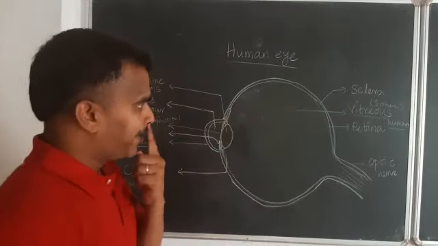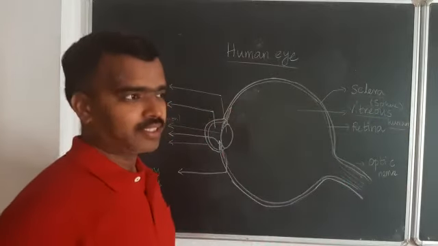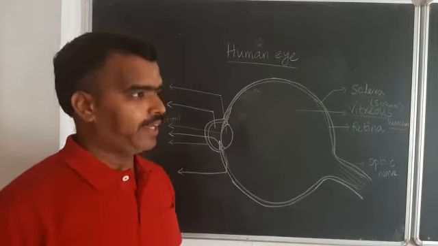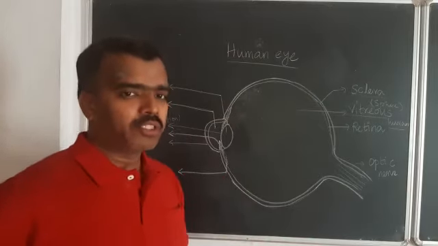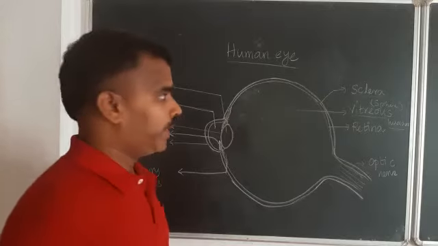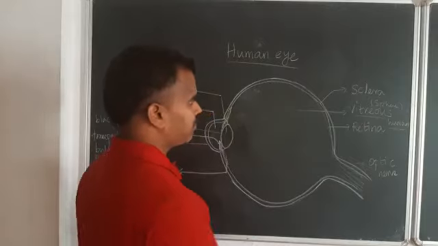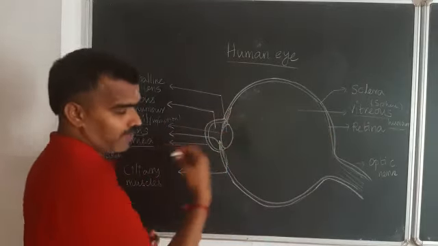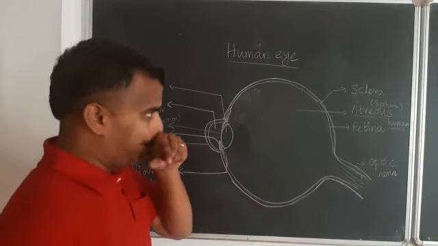Here we will have the sclera, which is opaque and fibrous, the white part we can see in our eyes. It is present between these two, after the cornea.